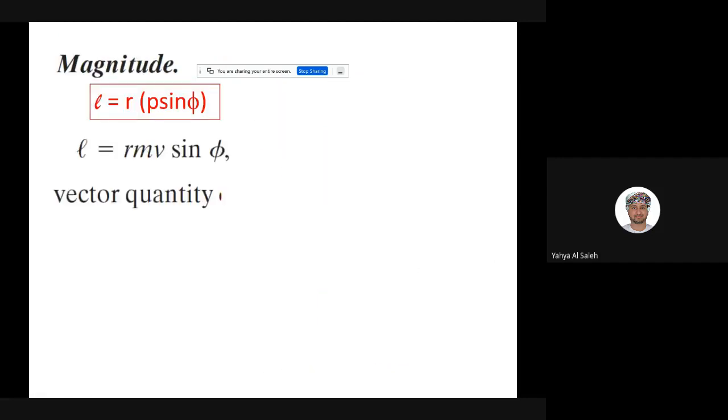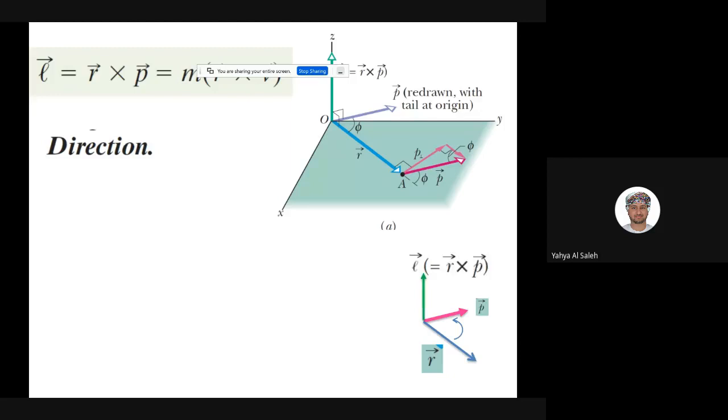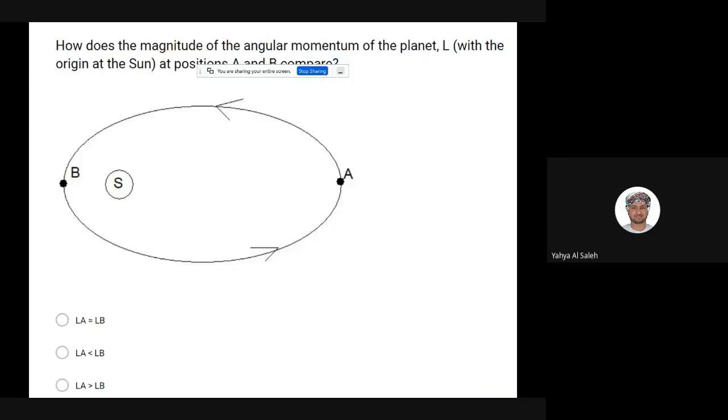And what happens is, L equals R cross P, which is equal to M R cross V. Now what happens is when my R is smaller, my V is more. And when my R is more, my V is less, to conserve the quantity.